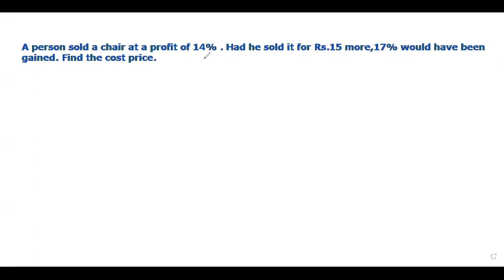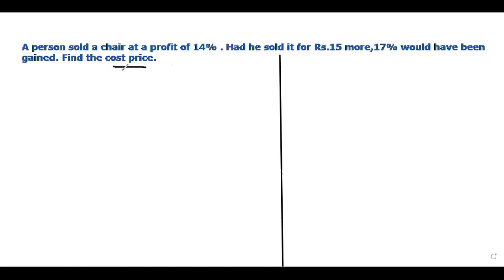There are two conditions. First, he sold it at 14% profit. Second, with 15 more, there is a 17% gain, a 3% increase in profit. So we are supposed to find the cost price here. How are we going to do that?